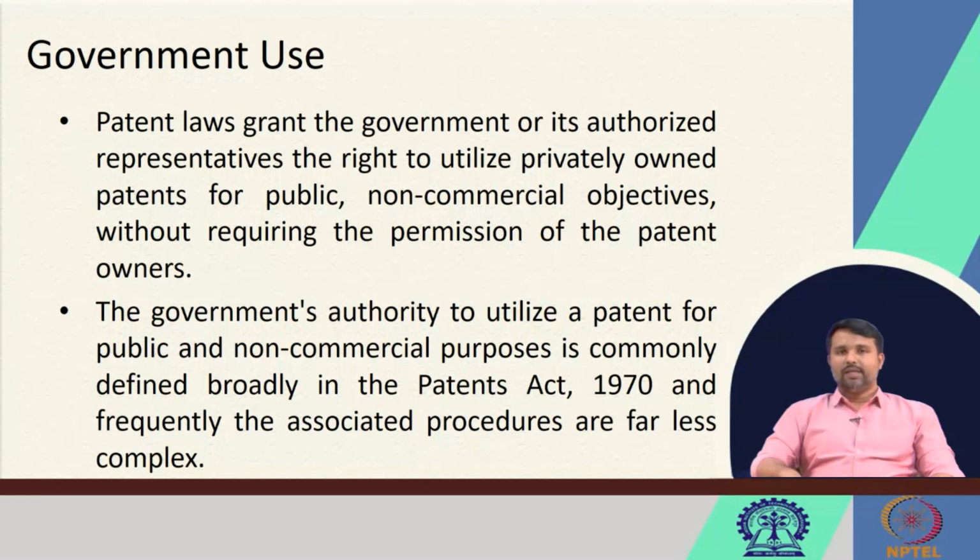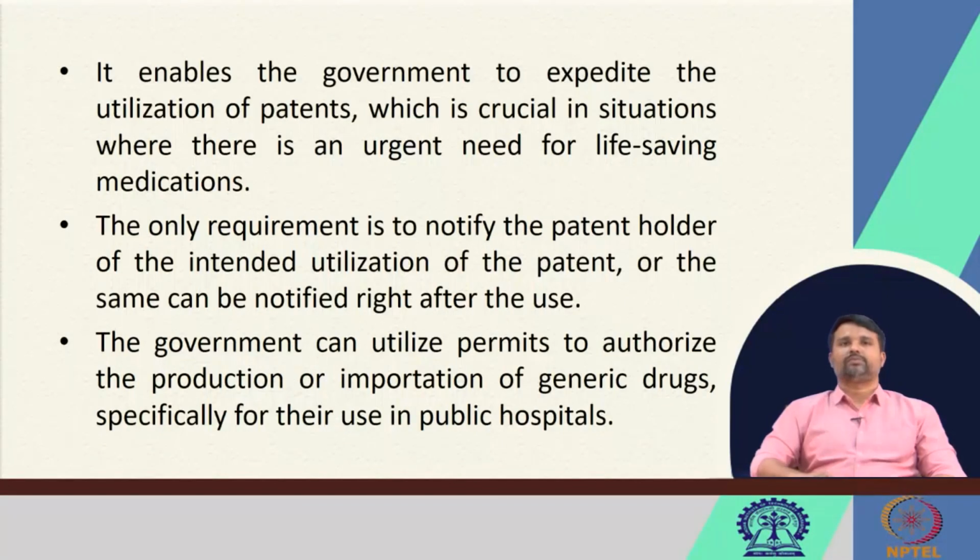So, when there is a scenario in which the government has to use the invention without permission from the patentee, the Patent Act 1970 has adequate provisions to enable the governmental use. It enables the government to expedite the utilization of patent, which is crucial in situations where there is urgent need for life-saving medications.